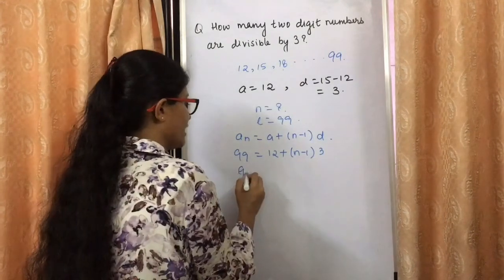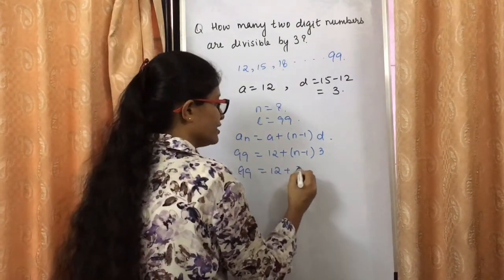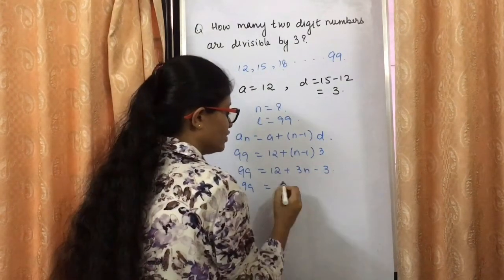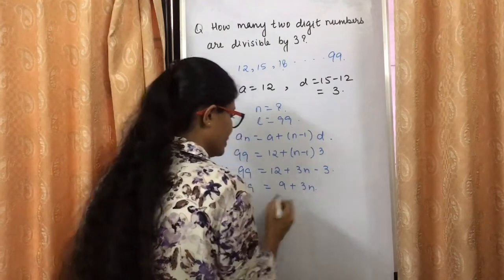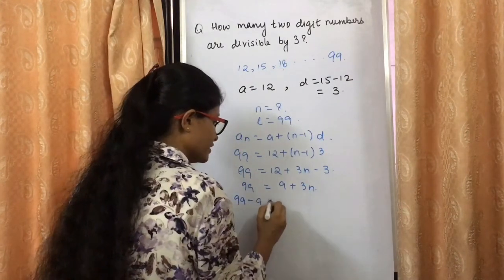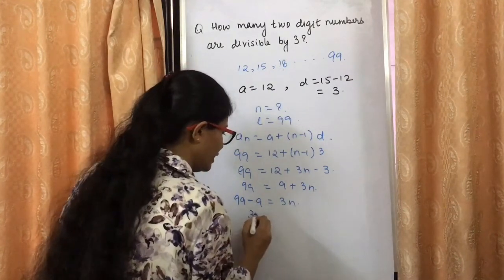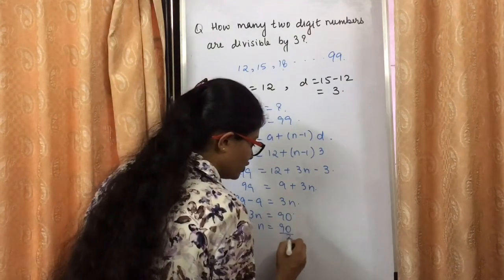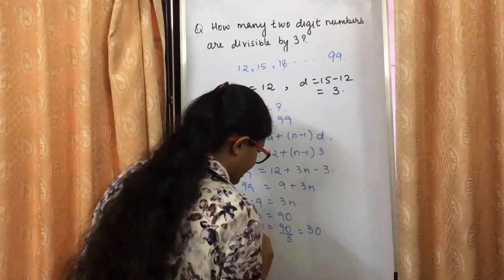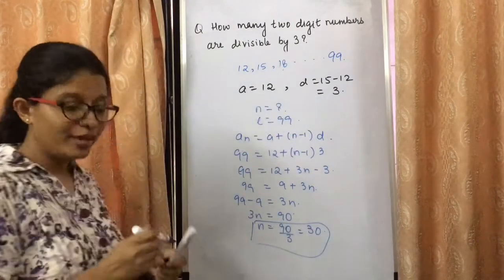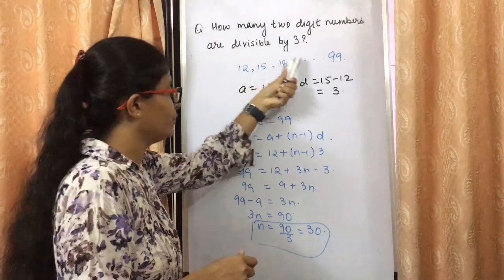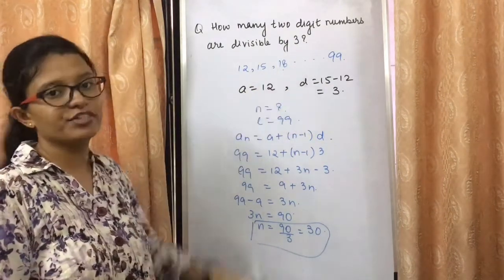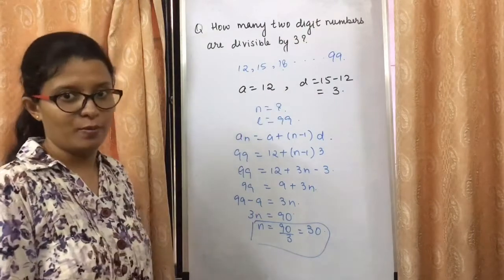Solving it, we get 99 is equal to 12 plus 3n minus 3. 99 is equal to 12 minus 3, which gives 9, plus 3n. 99 minus 9 is equal to 3n. So 3n is 90 and the value of n comes out to be 90 by 3, which is nothing but 30. So we have 30 terms which are divisible by 3 among the 2-digit numbers.